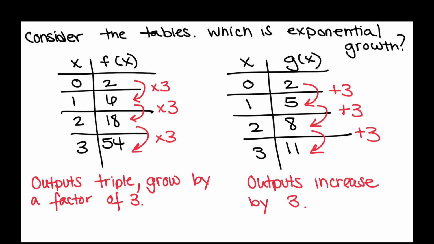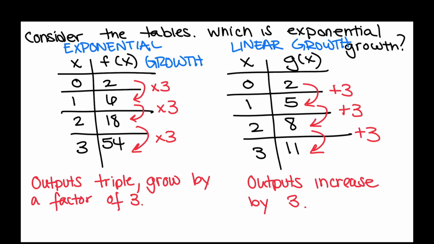What this means is the table on the left is an example of exponential growth. The y values are growing by a factor. The table on the right is actually an example of linear growth. If we were to graph the one on the right, we would get a straight line with this constant slope or constant increase.